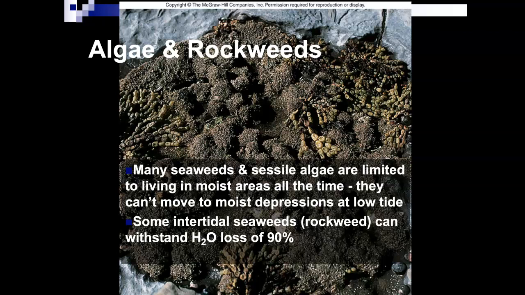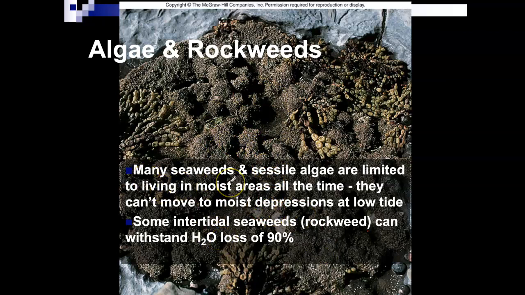Again, algae and rockweeds, remember that these guys have this great physiological adaptation. Many of them, especially rockweeds, can withstand a 90% water loss. So pretty amazing. I have another slide on rockweeds a little further in the lecture.